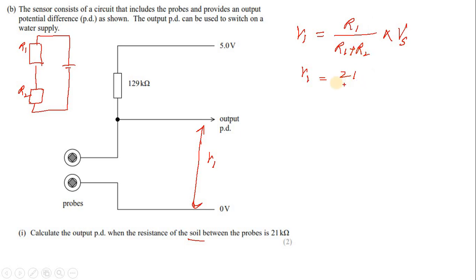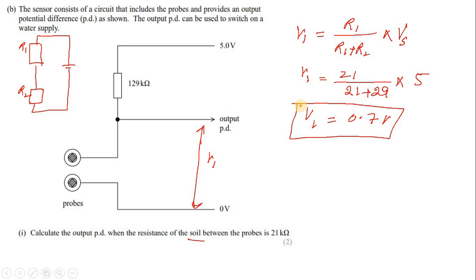So 21 divided by 21 plus 29, into 5. And if you solve this, your answer will be V1 equal to 0.7 volt. That's how you find the voltage across the probe.